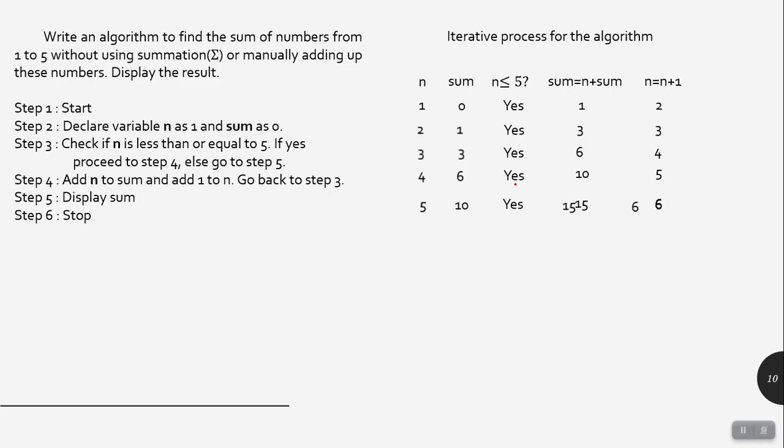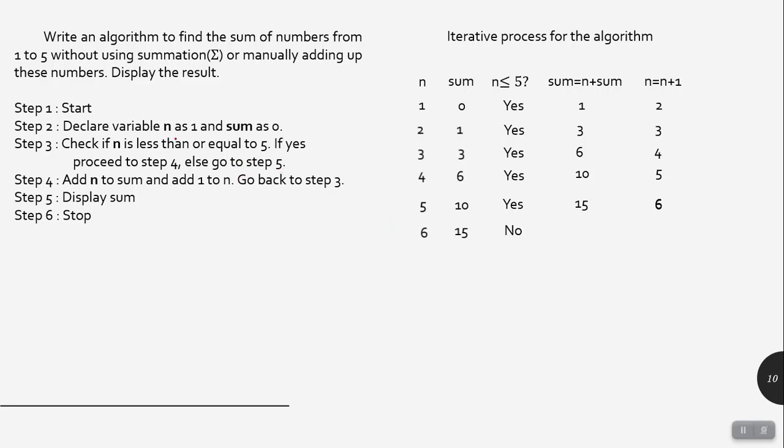Okay, so is 6 less than or equal to 5? No. So that's the time that we're going to break the loop, since we're just iterating this algorithm while n is less than or equal to 5. But now it's greater than 5, so therefore we will go to step 5.